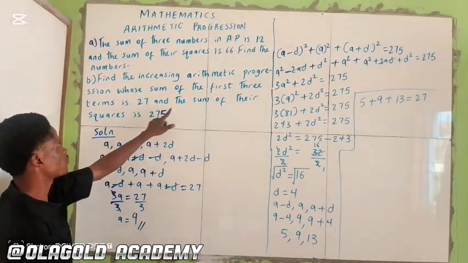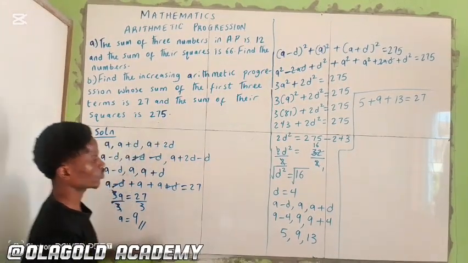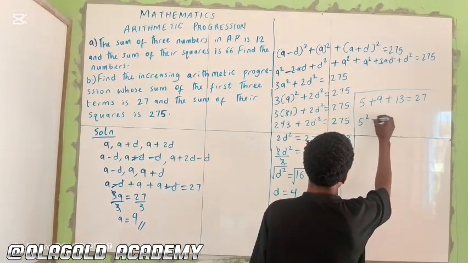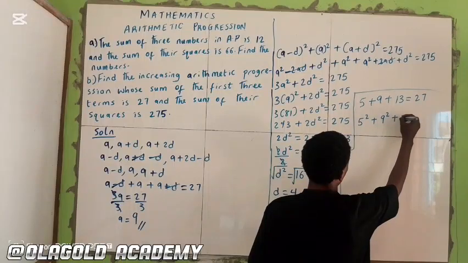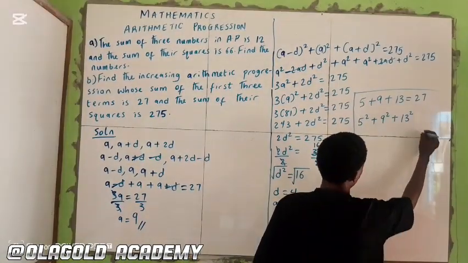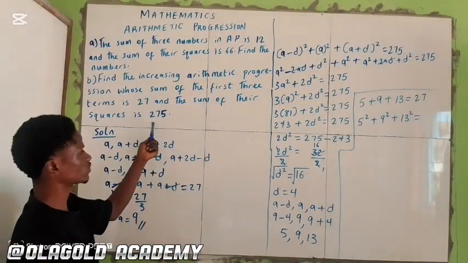Let's confirm if the sum of their squares will give us 275. So we have 5 squared plus 9 squared plus 13 squared. Are we really going to get 275?